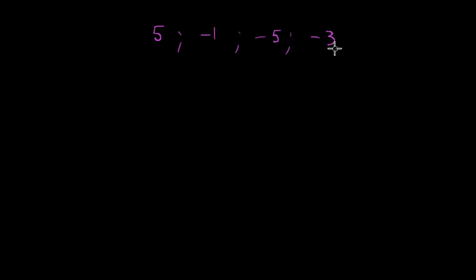Something still seems wrong. Okay, wait, let me see. Negative 1 minus 5 is negative 6, and negative 5 minus 1 is negative 4.